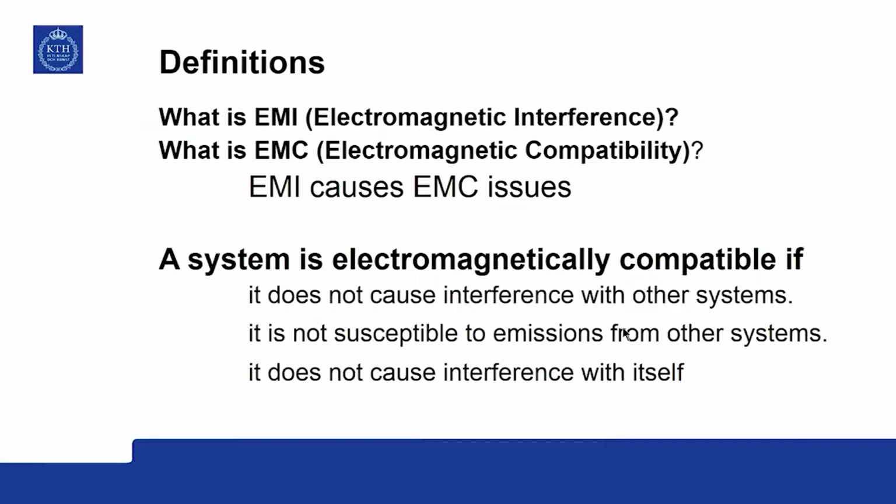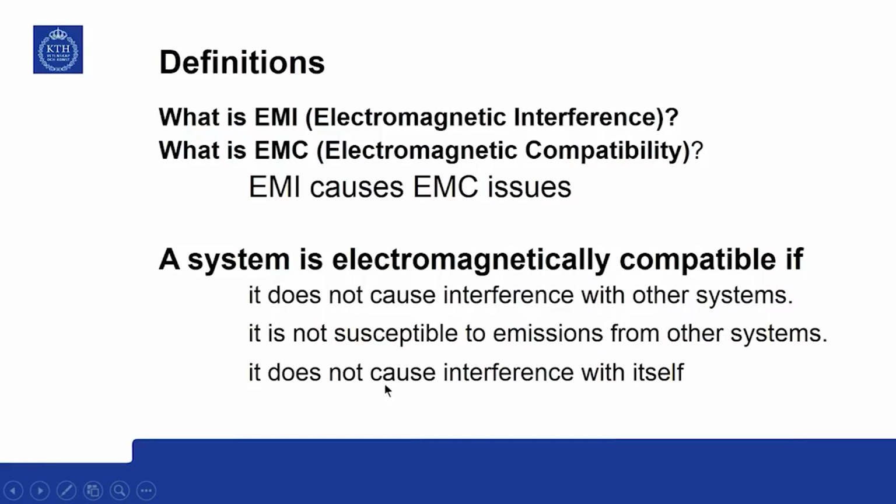Now, you have seen the definitions for EMI and what is meant by EMC, and you have seen how EMI causes EMC issues. Formally, we can define a system as electromagnetically compatible if it does not cause interference with other systems, it is not susceptible to emissions from other systems, and it does not cause interference with itself.